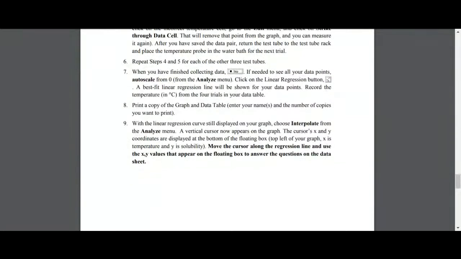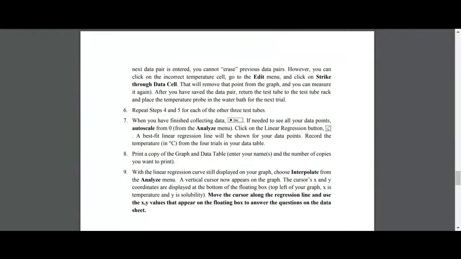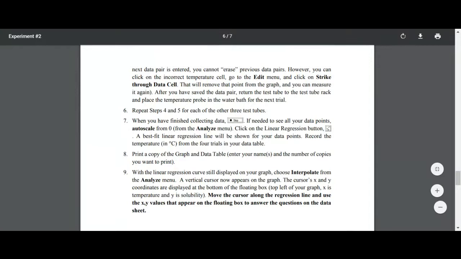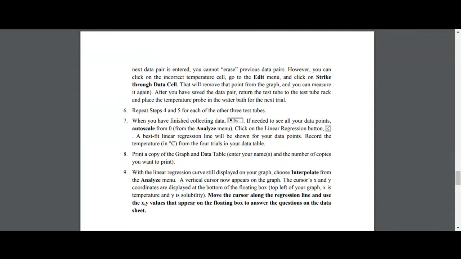No, because what you have here is with using the computer. Solubility is going to be on the y-axis and the temperature is going to be on the x-axis.